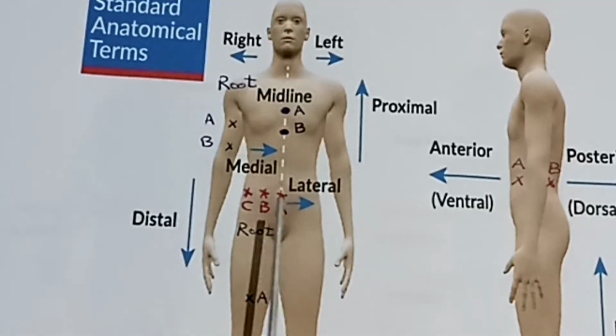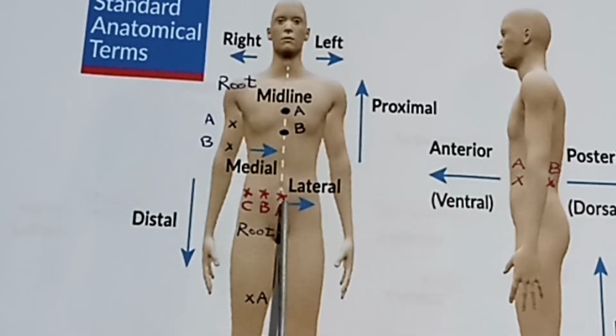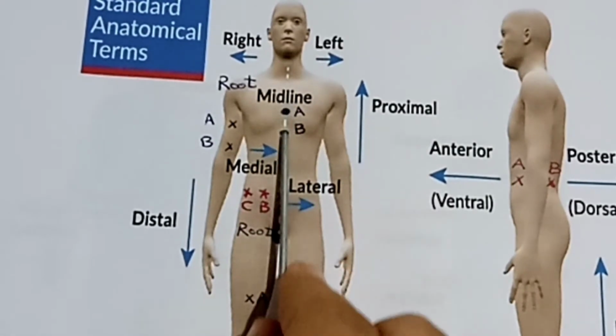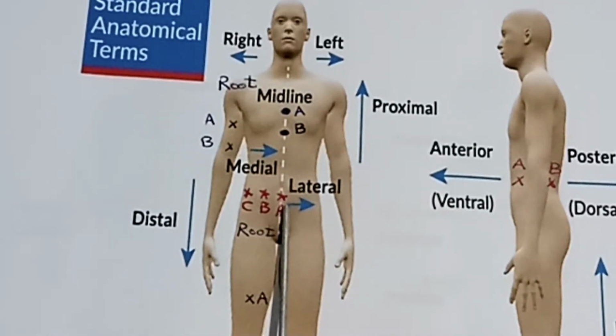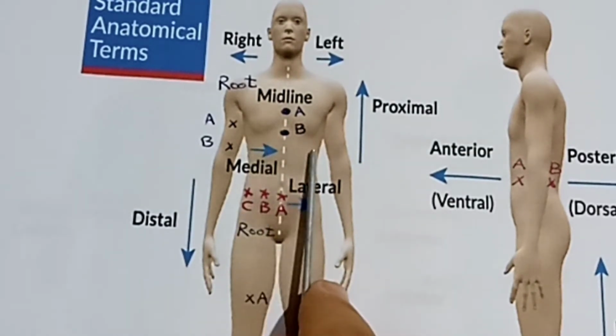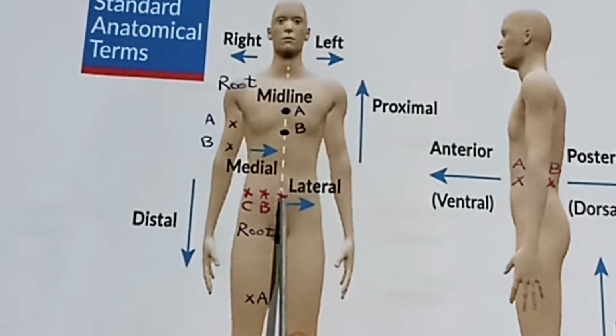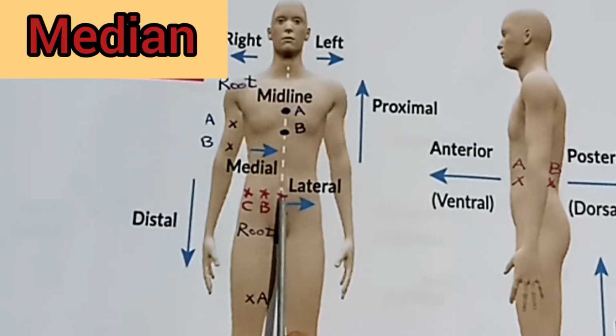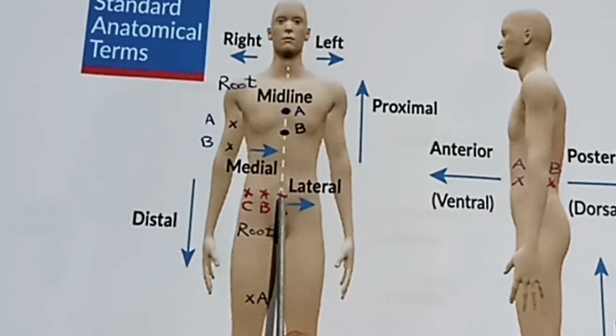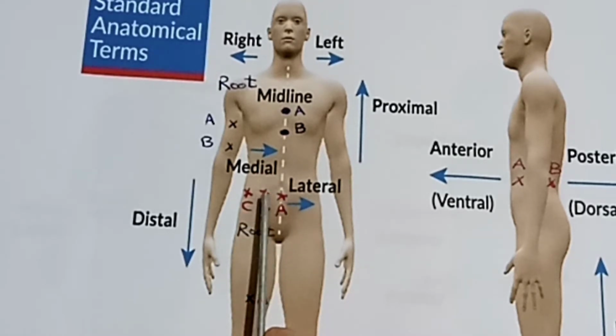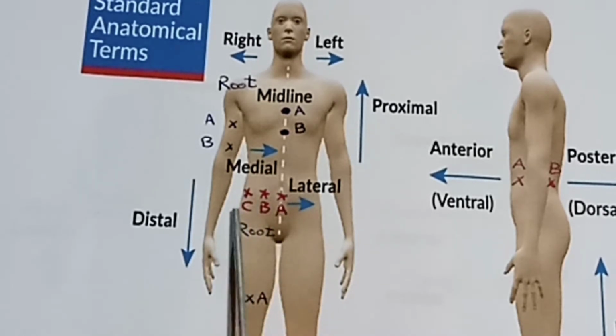If we have three structures like A, B, and C, structure A lies in the midline. The midline is the line which divides the body into two equal right and left halves. Structure A is described with the word median. Median means in the midline. Structure B lies close to the midline, while structure C lies close to the side.